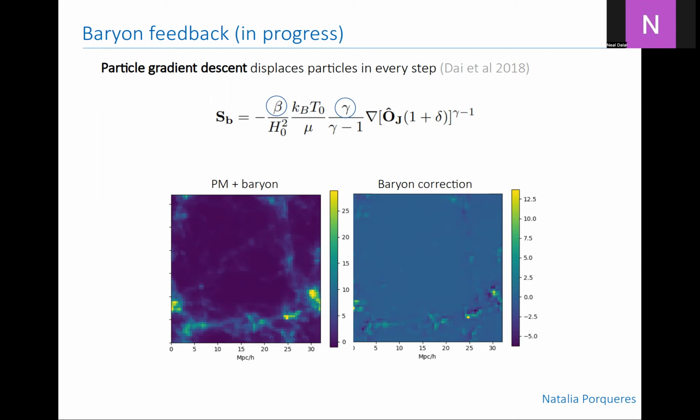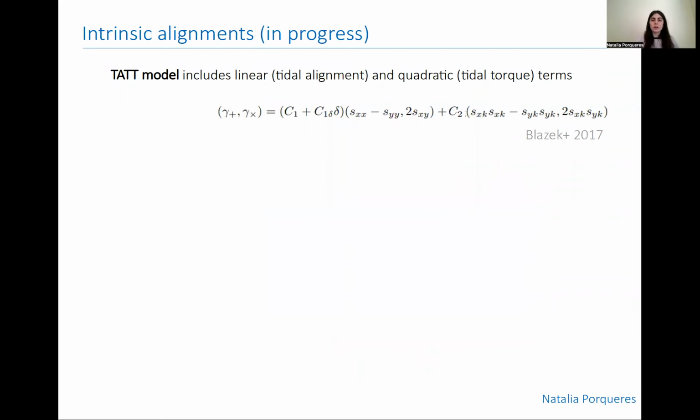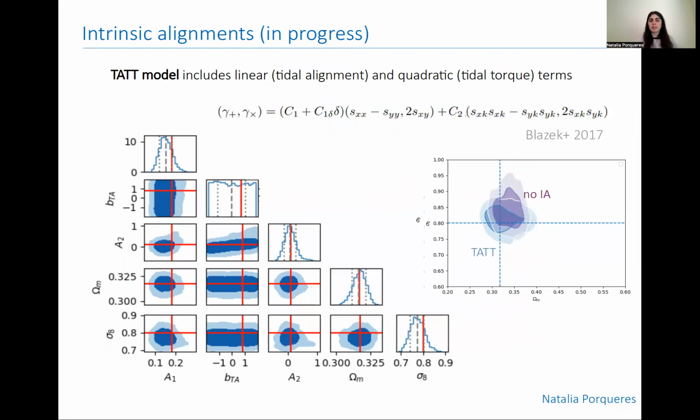Okay, and then similarly for your tidal model, can you describe that a bit? Yeah. So we use the TAT model, which includes the tidal alignment and also the tidal torque. That means we have terms that are proportional to the tidal field and terms that go with the square of the tidal field. Now we have these 3 coefficients.